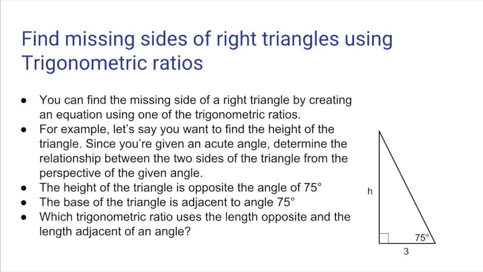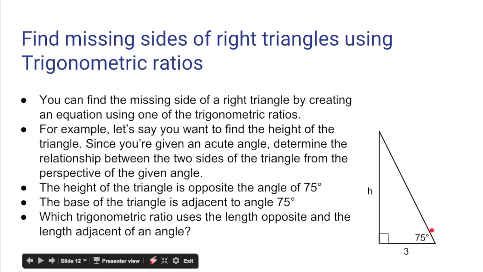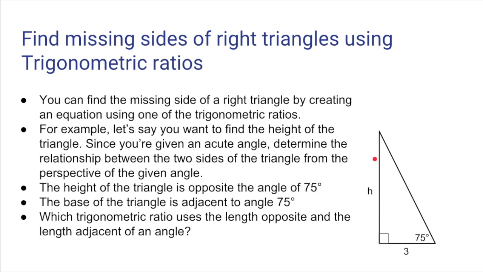Okay, now using what we know about these ratios, you could use those ratios to find the missing sides of right triangles. So here, let's say you're given an angle of 75 degrees. You have the adjacent side, and it's asking, what's the height of this triangle?